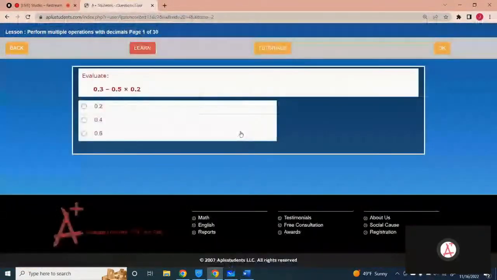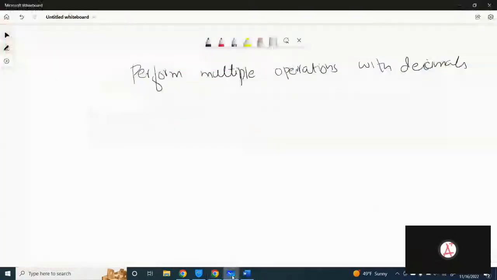Okay, 0.3 times 0.3 subtract 0.5 times 0.2. Okay, so you have multiple operations in one question. Here you have a subtraction and here you have your multiplication. Got it?